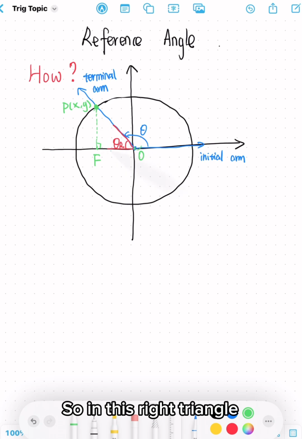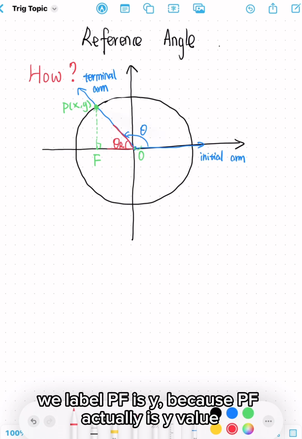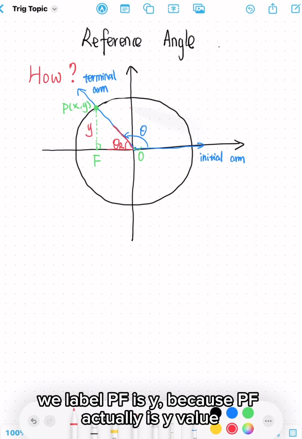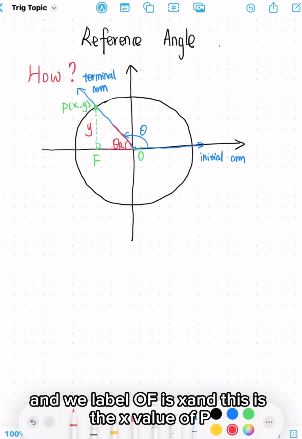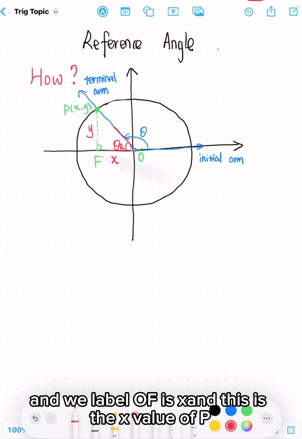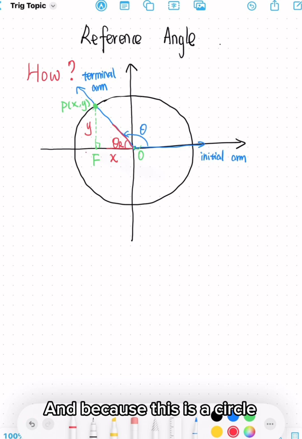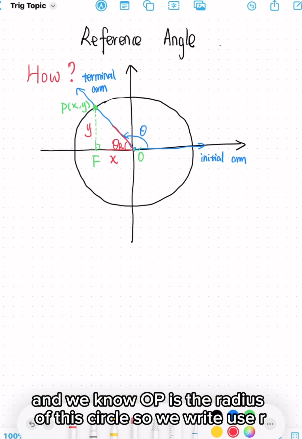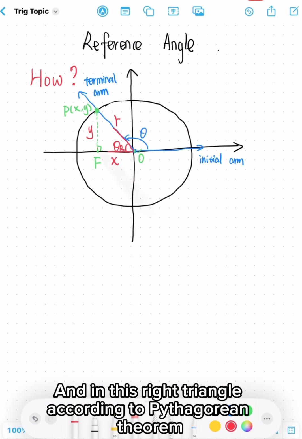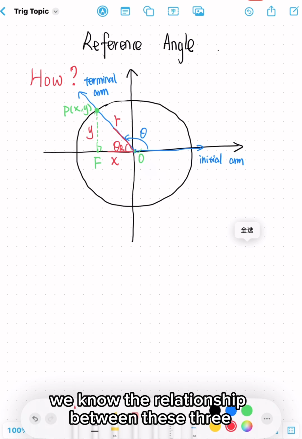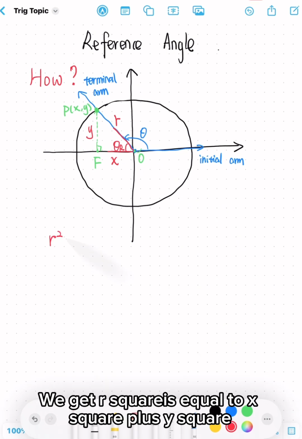So in this right triangle, we label PF as y, because PF is the y value, and OF as x, the x value of P. Because this is a circle, OP is the radius, so we label it r. According to the Pythagorean theorem, r squared is equal to x squared plus y squared.